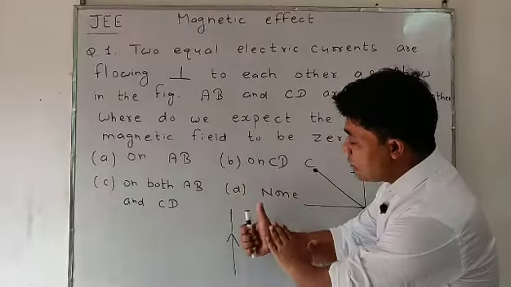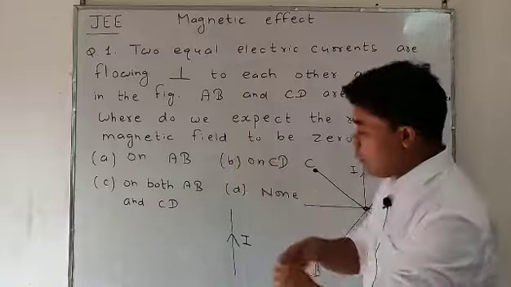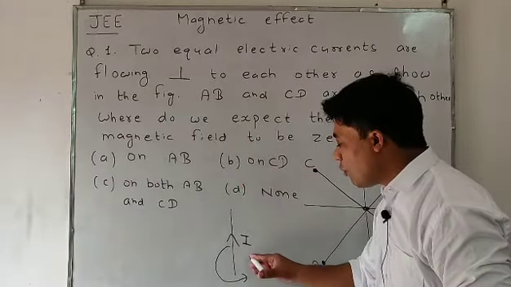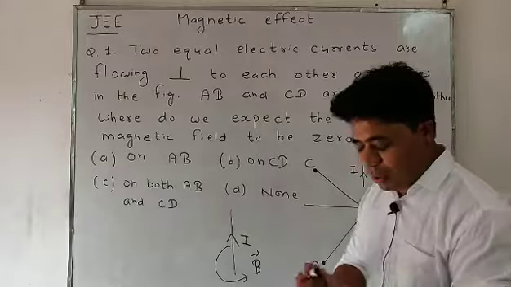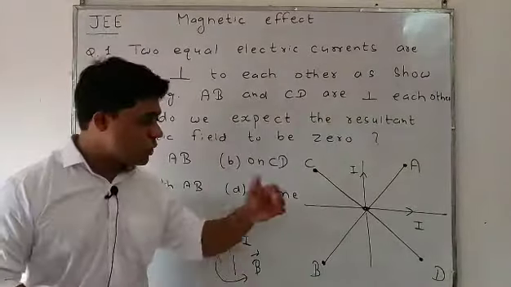It means if the current is in the upward direction like this, the magnetic field direction will be anti-clockwise. Students, that is the right hand thumb rule. So now I'm going to use this rule in solving this question.